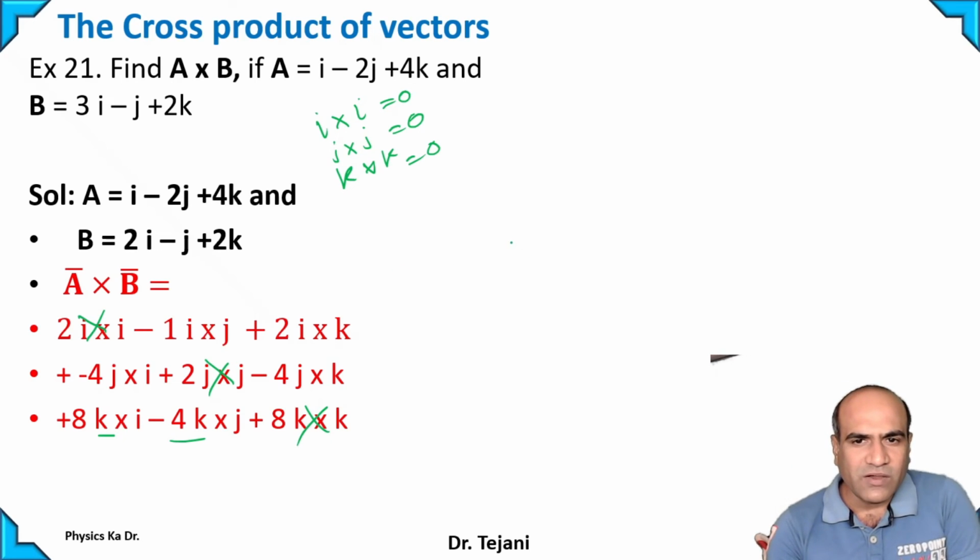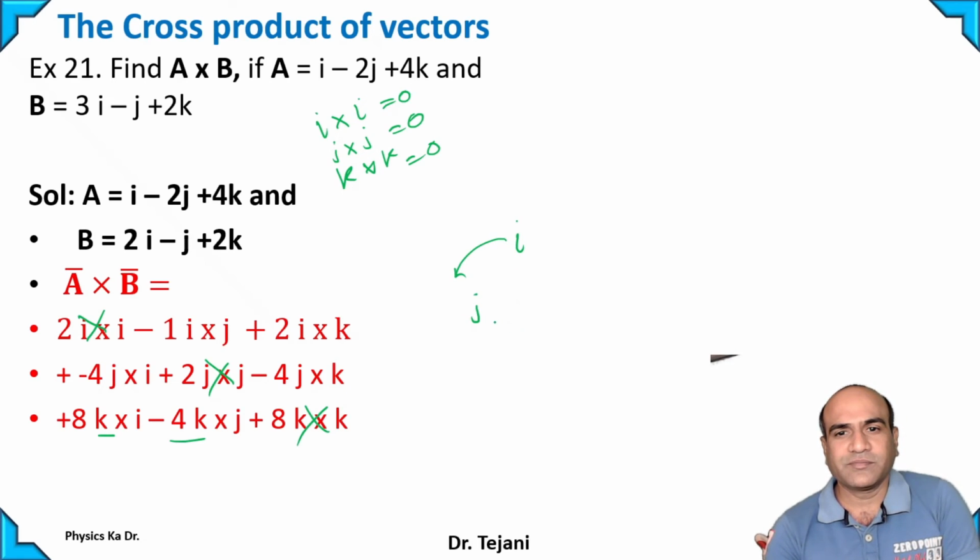Then we have the knowledge of the circle: i, then j, then k, and again moving to i. So i cross j is equal to k, j cross k is equal to i, and k cross i is equal to j.